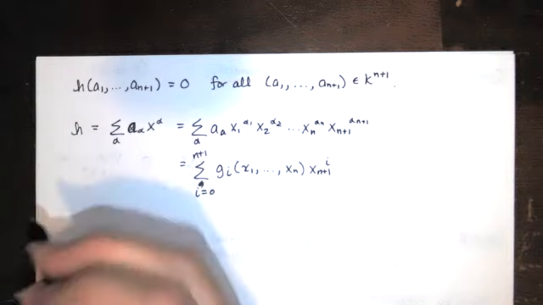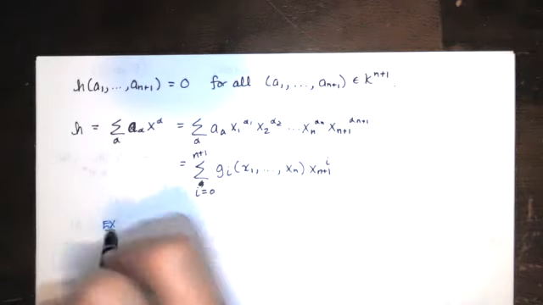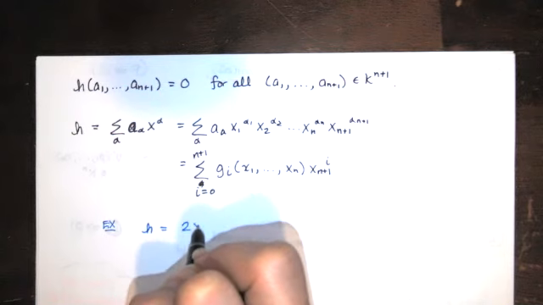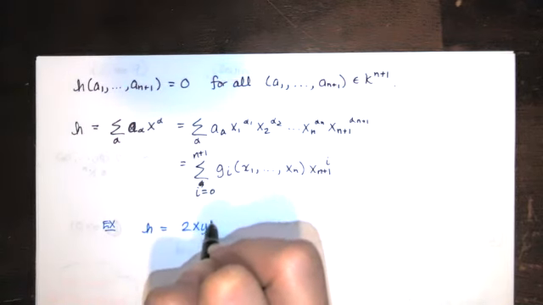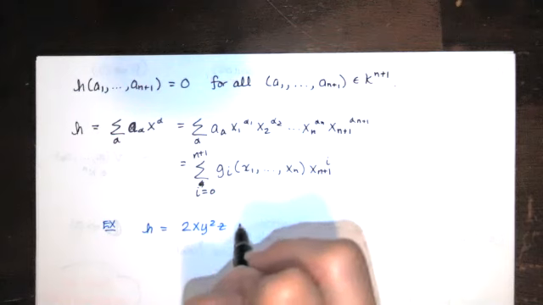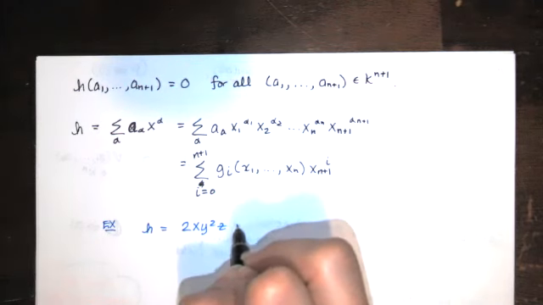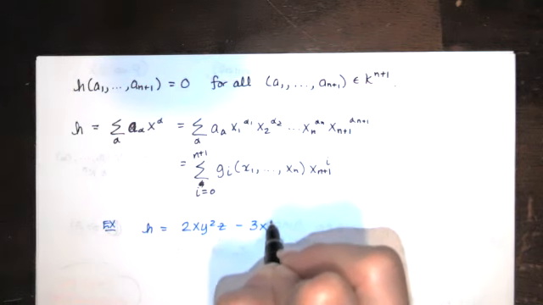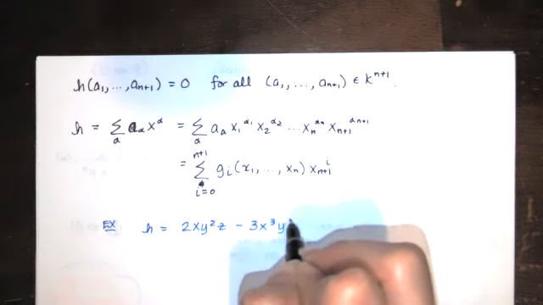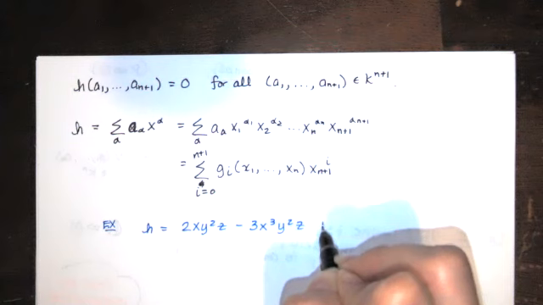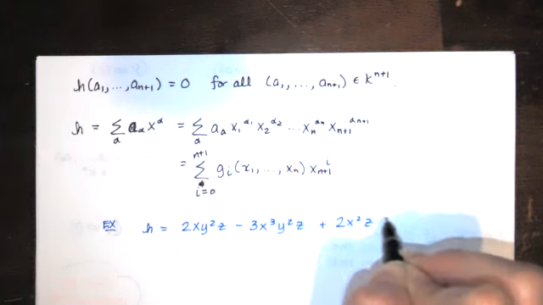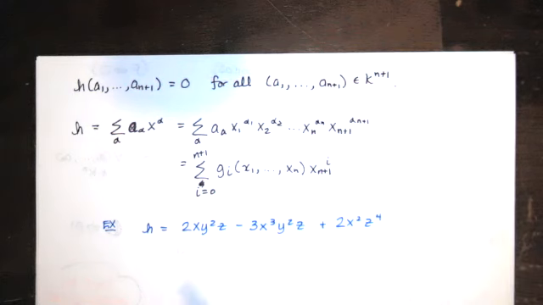Just as an aside, so let's say that h is equal to 2xy squared z minus 3x cubed y squared z plus 2x squared z to the 4th.